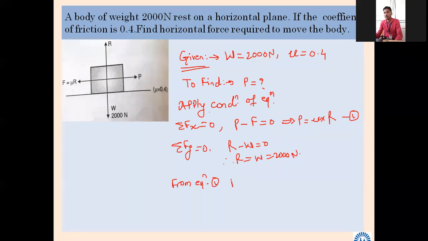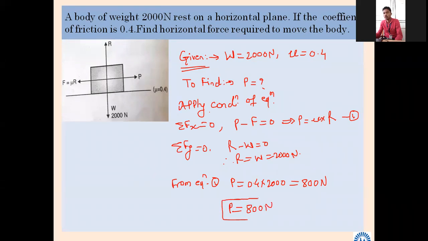From equation 1, P is equal to mu, which is given as 0.4, into R. How much is R? 2000. Yes, sir. That is equal to 800 Newton. Therefore, P is equal to 800 Newton.